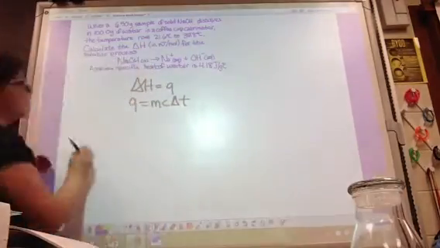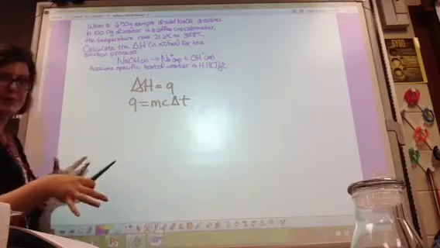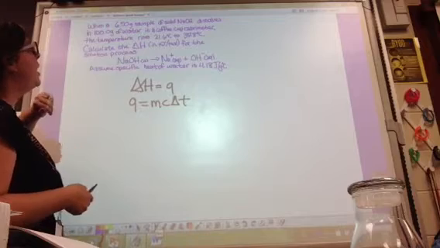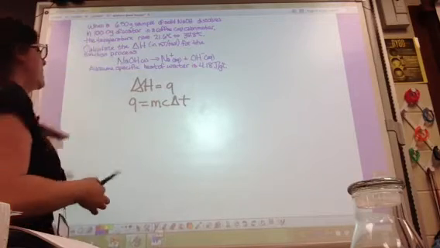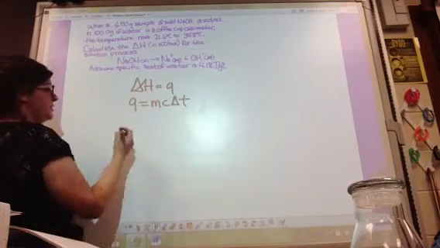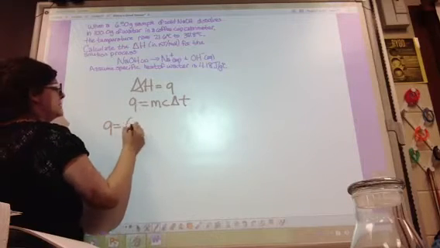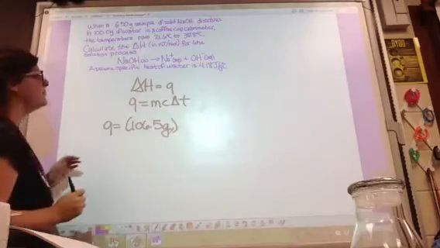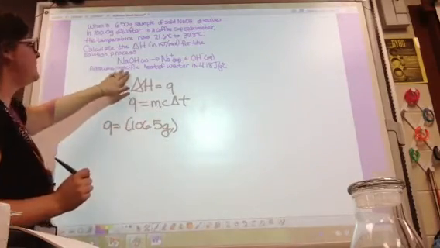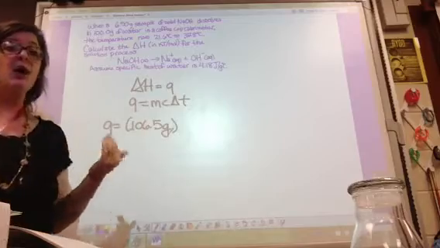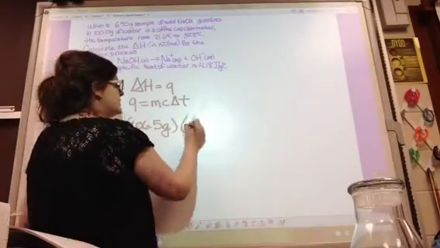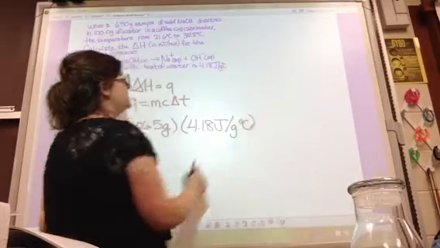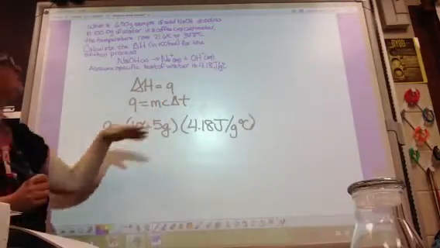So let's go back. The total mass, which is what we're trying to solve for, would be 6.50 grams of NaOH and 100 grams of water, so that would be 106.5. So Q equals 106.5 grams for the mass, times 4.18 joules per gram degrees Celsius, times my change in temperature.